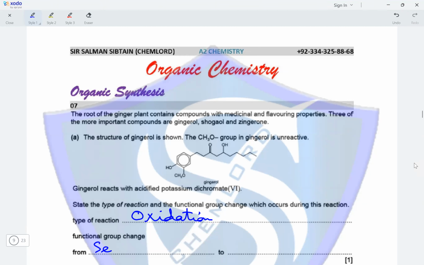So from secondary alcohol to a ketone. That is the oxidation that takes place when gingerol undergoes a reaction with acidified potassium dichromate.